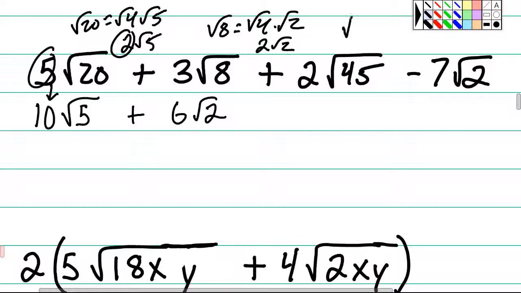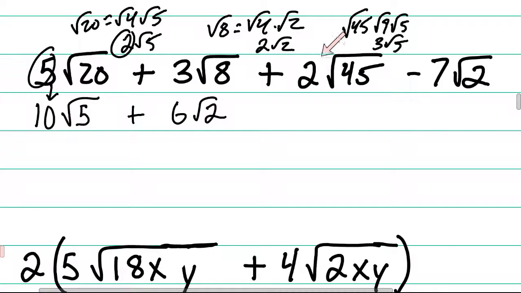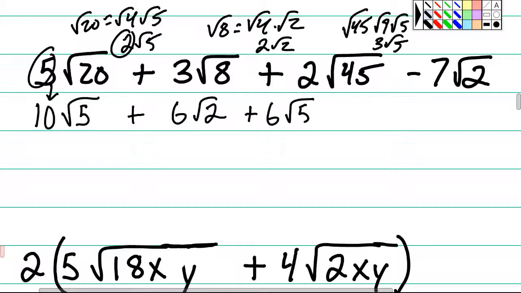Square root of 45, what's that? Well, that's going to be the square root of 9 times the square root of 5, which is going to be 3 root 5. So if I take this 2 on the outside and multiply it by this 3, that gets me 6, and then root 5. Minus 7 root 2, I can't simplify that.